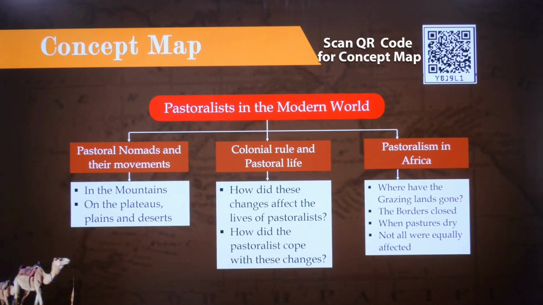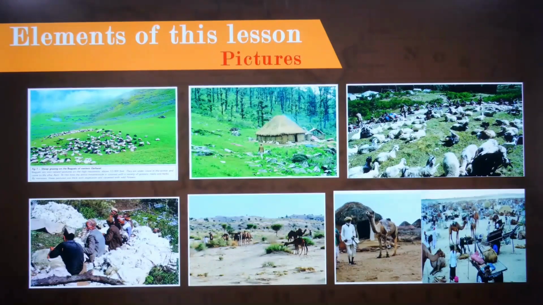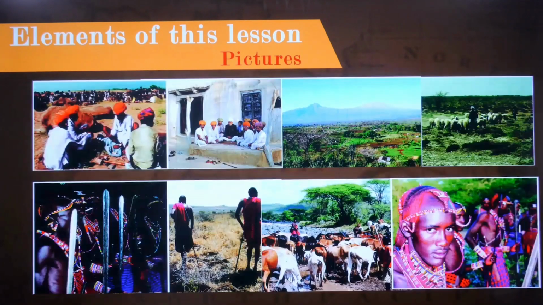First component is learning outcomes and the second component is concept map. And the third component is elements of this lesson. There are mainly 6 elements in this lesson. Number one, pictures. These are the pictures in this lesson.